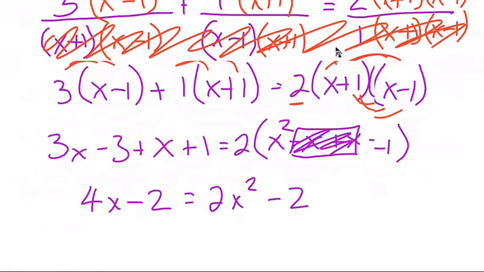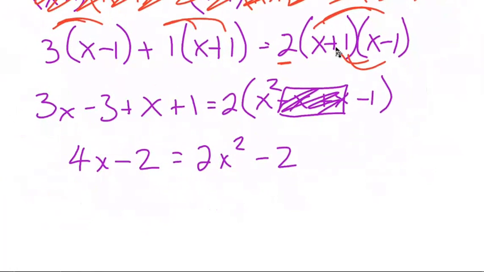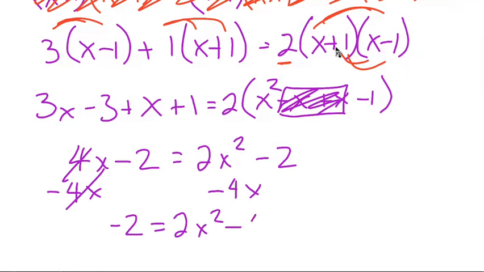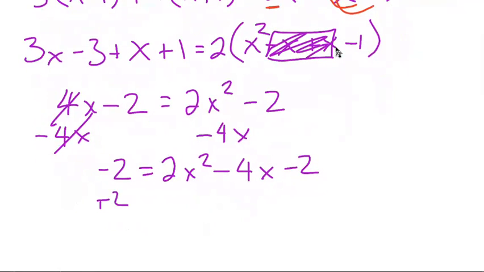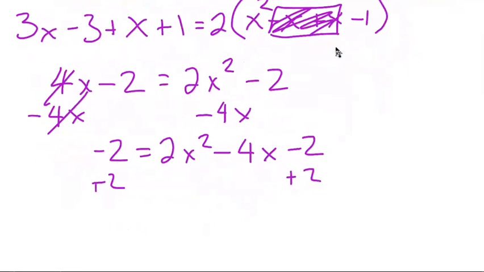Oh, look at that. We have an x squared term. So now we need to make everything equal to 0. I'm going to subtract 4x: negative 2 is equal to, those cancel, 2x squared minus 4x minus 2. I'm going to add 2. That's going to give me 2x squared minus 4x is equal to 0.